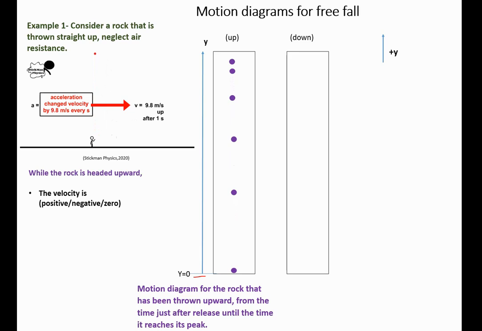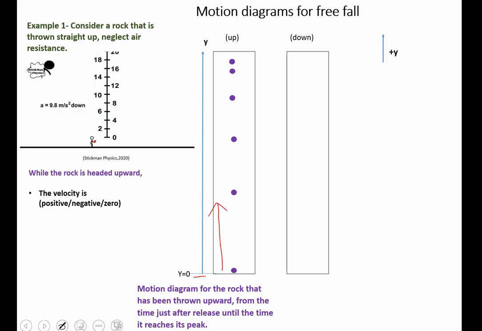Now let's look at the direction of the initial velocity. So the initial velocity is upwards. I'm going to draw a velocity vector, and when it is moving upwards, you can see the spacing between two dots decreases, which means it is slowing down while it's moving up.